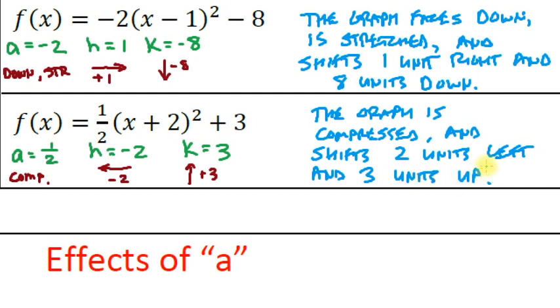And there you go. That's how you can take these questions and actually look at the equation and tell me, how does the A value change the shape or direction of the graph? How does the H and K value change the location of the vertex, which changes the location of the graph?